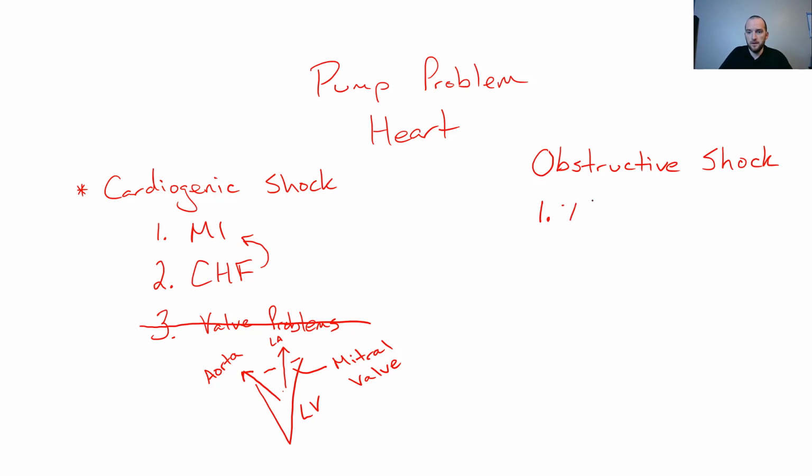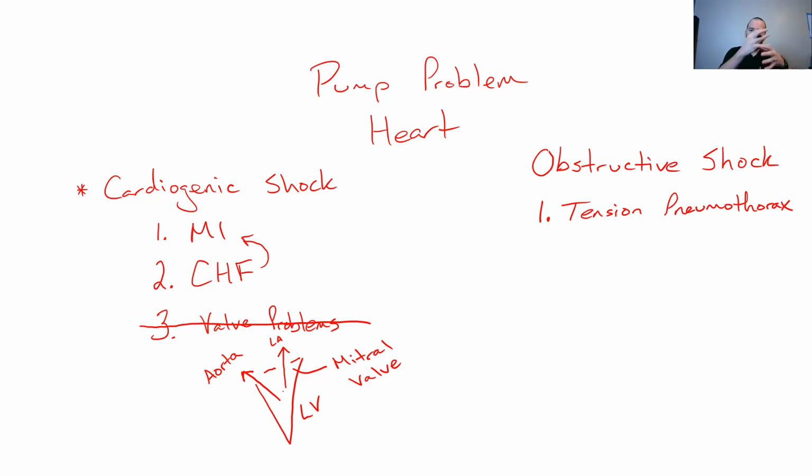So one of them is a tension pneumothorax, where we pop that lung and that air pressure is building up inside the thoracic cavity. And as that air pressure builds up, eventually it starts pushing and pushing stuff. And so it starts pushing a lot of pressure onto the heart.